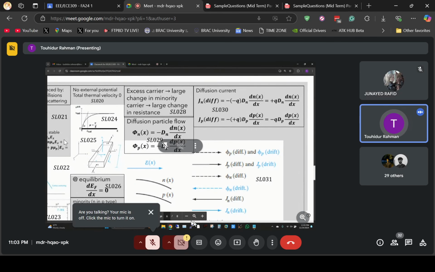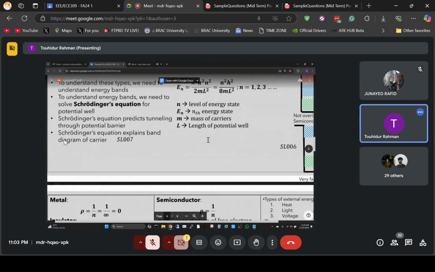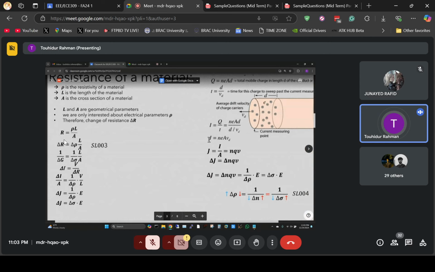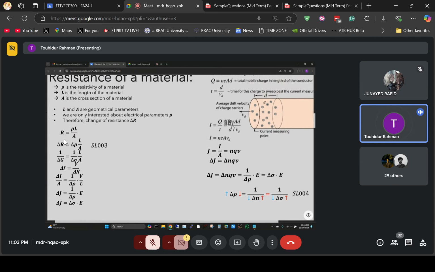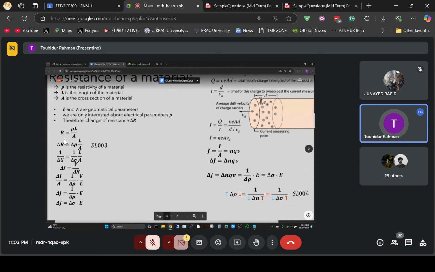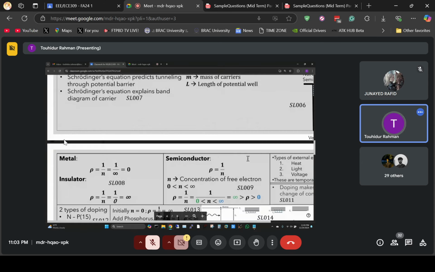You can also calculate the drift from previous equations also. So these are the equations for the drift, because here we have current flow due to electric potential. Okay, you can see electric field, that means electric voltage also for the potential.